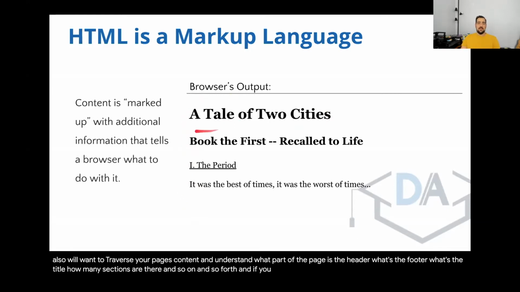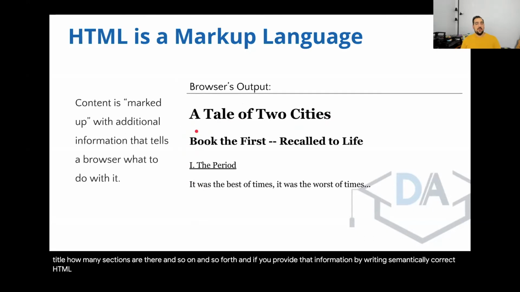And if you provide that information by writing semantically correct HTML, your search engine ranking will be better, and even the display of your website in search results will also be better.